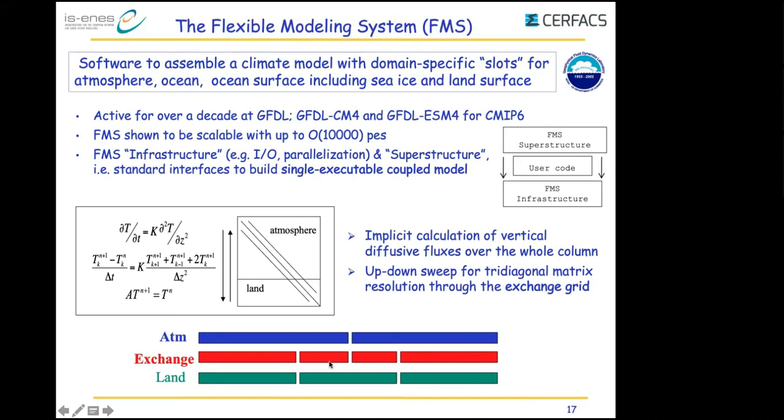The exchange grid is the intersection of, for example in this case, the atmosphere and the land model. FMS allows this implicit calculation of the vertical fluxes across the two components, going through the exchange grid, so doing the regridding of the fields.